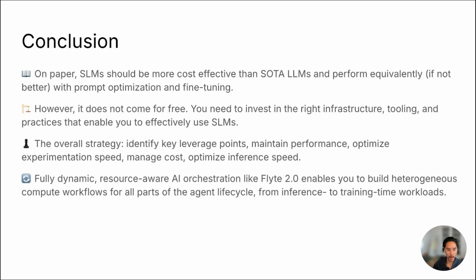And we learned about how resource-aware orchestrators that are AI native can help you build these heterogeneous compute workflows for the end-to-end agent lifecycle. So not just at inference time, what the agent is doing specifically, but all the datasets and models that go into supporting it.